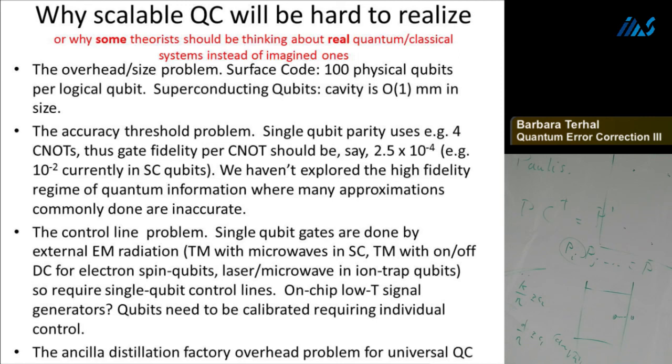The control line problem is also a practical problem, and it relates to calibration. As said, in electron spin experiments the qubits need to be calibrated, at least requiring individual control fields, which take up space and sit in the way of coupling these qubits easily to other qubits nearby.